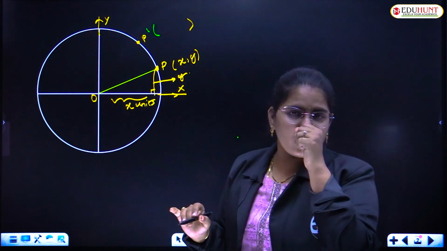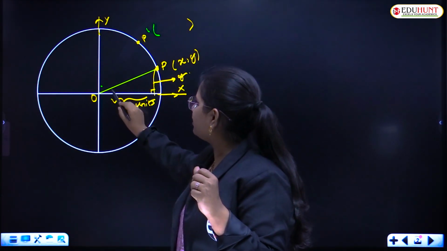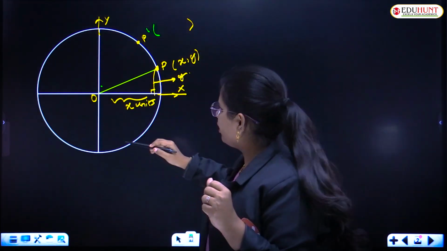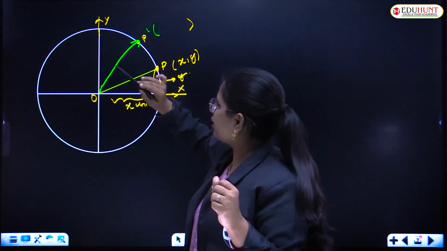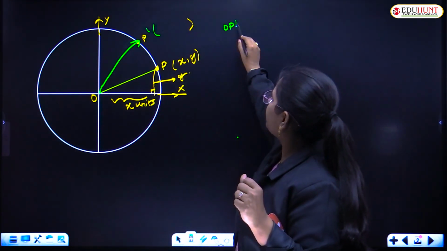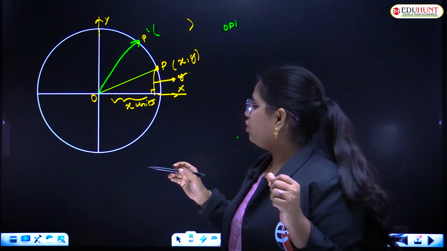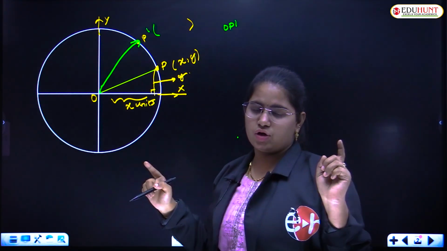Why should I take the point P dash? Let me take it. From here to here the angle is 90 degrees. Okay, if I take another ray, which is OP dash, in which origin is (0, 0).